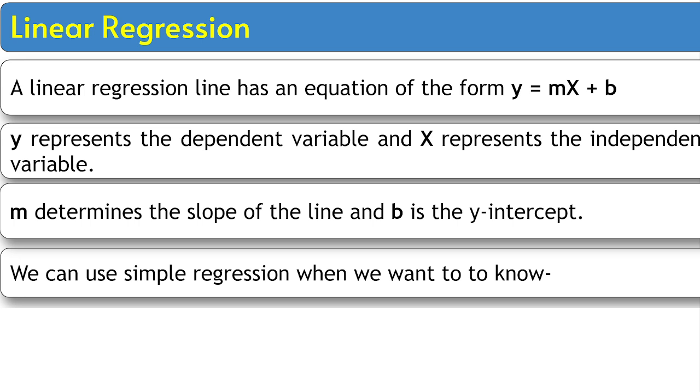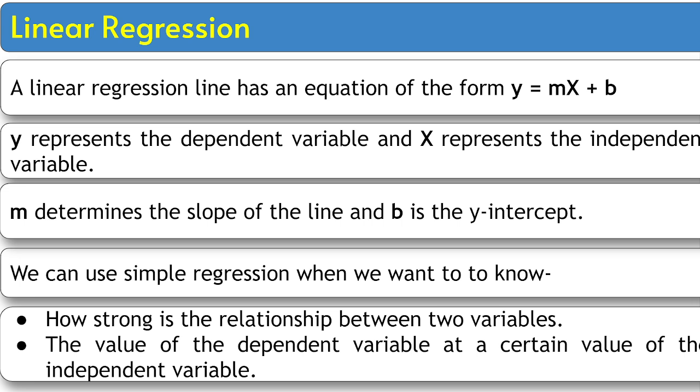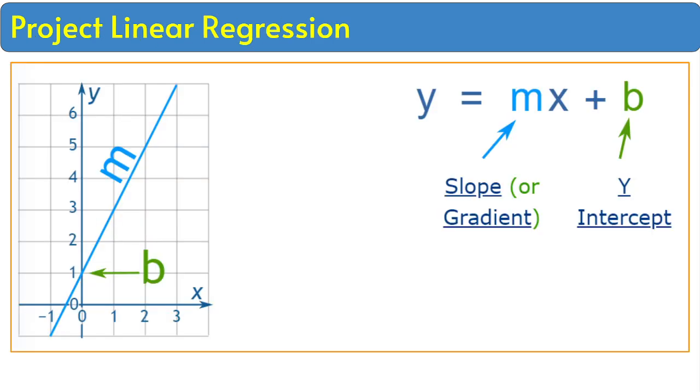We can use simple regression when we want to know how strong the relationship is between two variables, that is x and y, and the value of the dependent variable at a certain value of the independent variable. What changes should it make? So if you see, there's the linear equation y is equal to mx plus b. Here m is the slope, x is the independent variable, and b is the intercept.